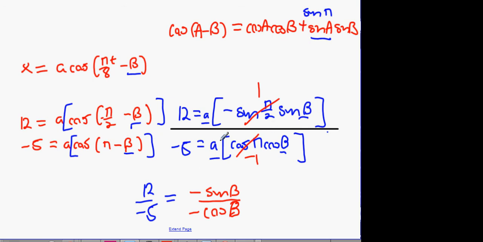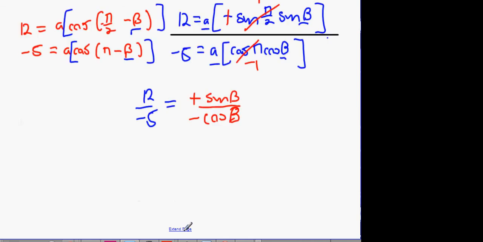It just gives the angles too big. It'd be a negative angle, okay? So sorry, that was a plus, and this one here is a minus, okay? So what happens next is they cancel out. So the minuses cancel each other, and what we get is tan b equals 12 over 5.